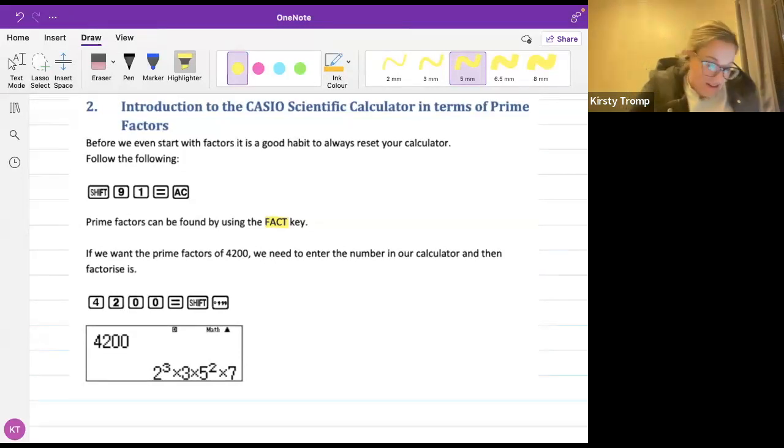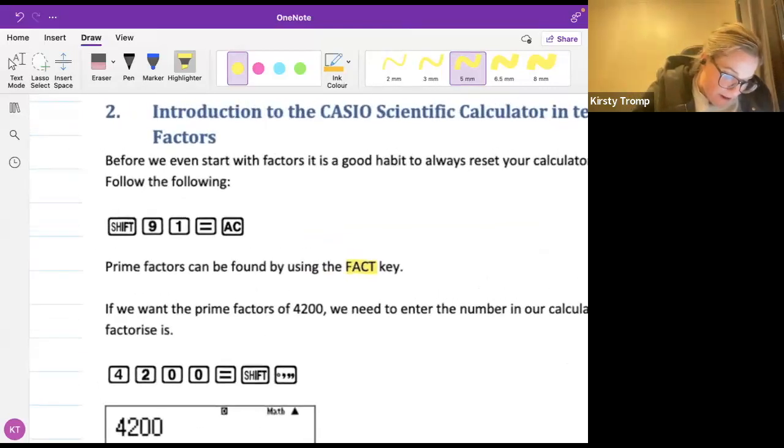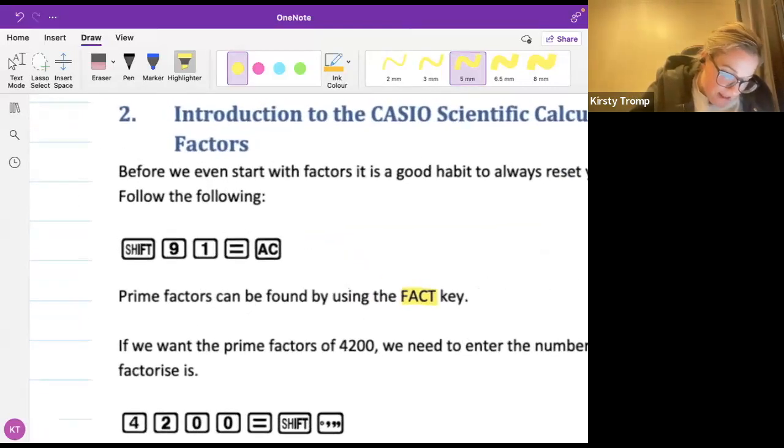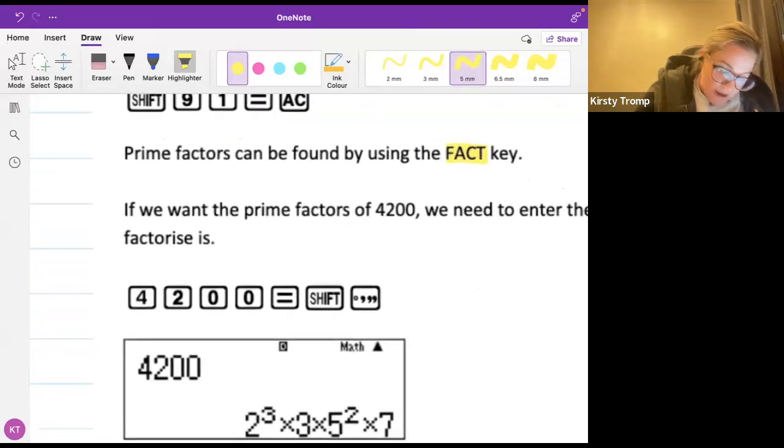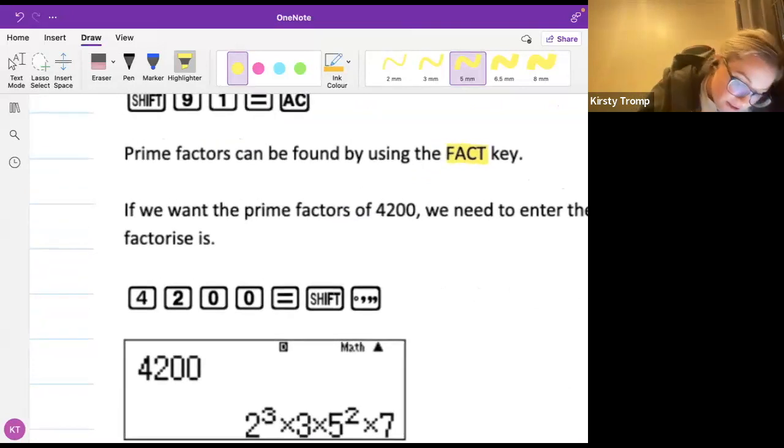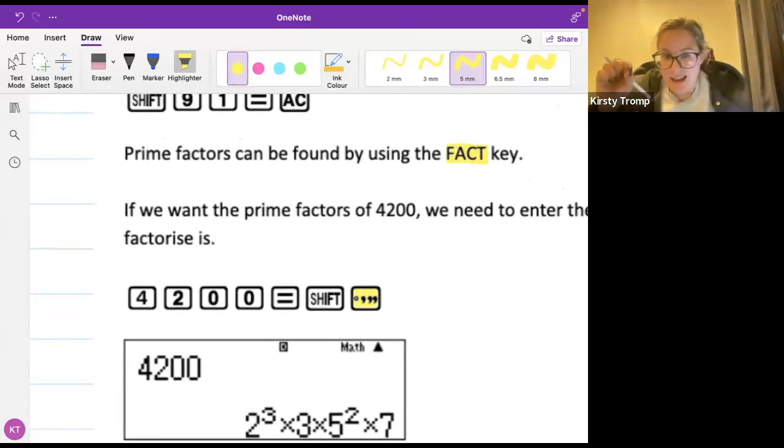I'm going to make it really nice and big on my screen. The key that you're looking for on your Casio calculator looks like this. It's got a dot and 3 commas next to it. So on your Casio calculator, 4,200 equals, shift, then the dot with the 3 commas next to it.